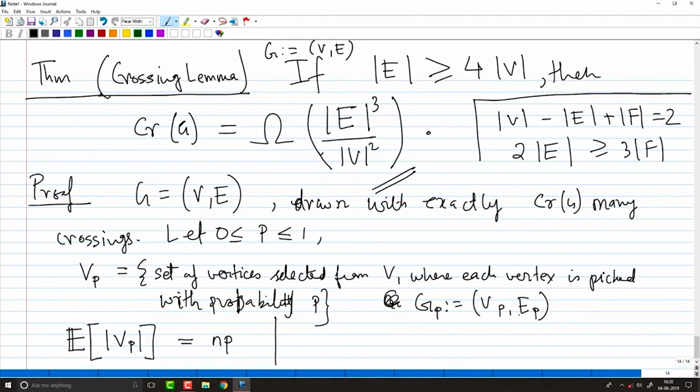It means there are no edges between these vertices. Then how many edges will you have in EP? 0, right? Only those edges will be inside EP whose both endpoints are included in Vp. Okay. So what will be the expected size of EP?